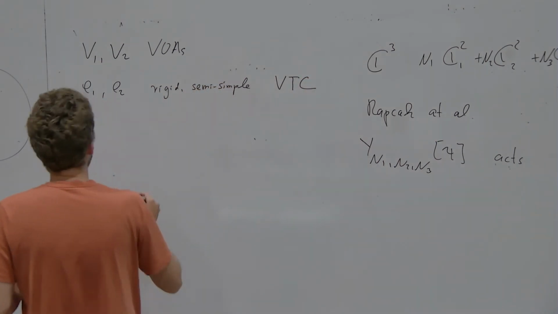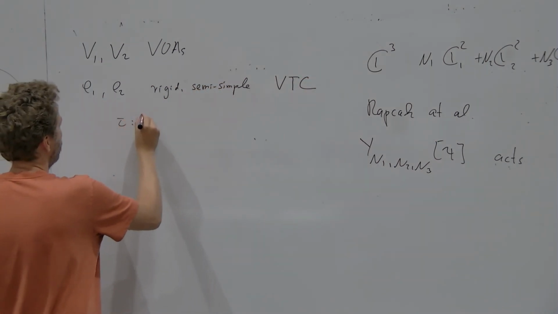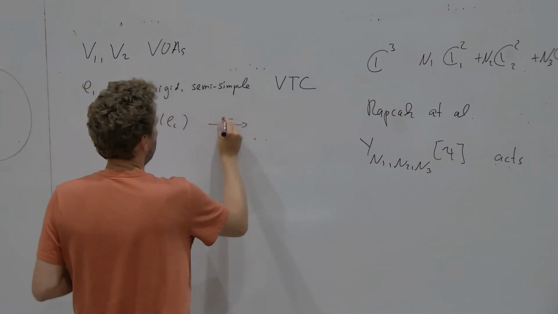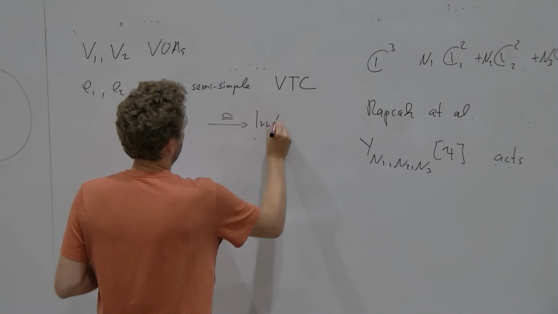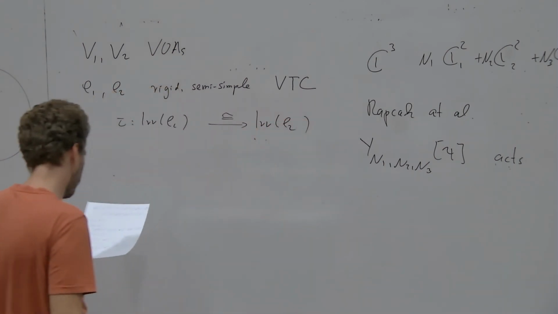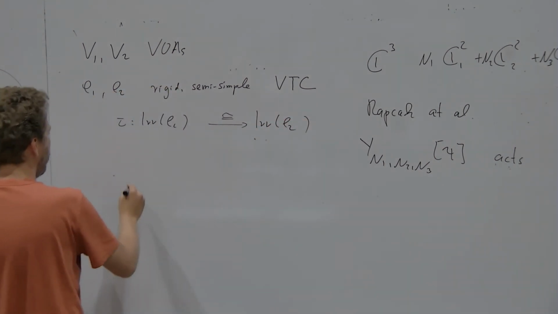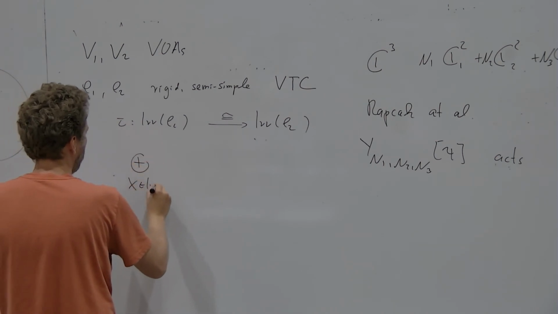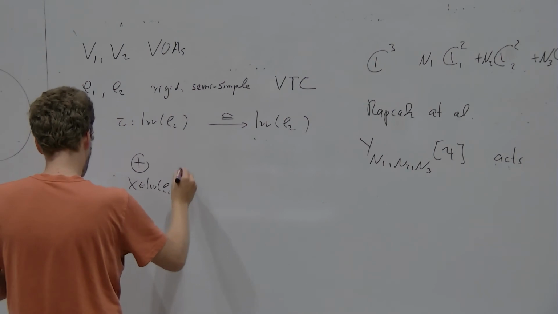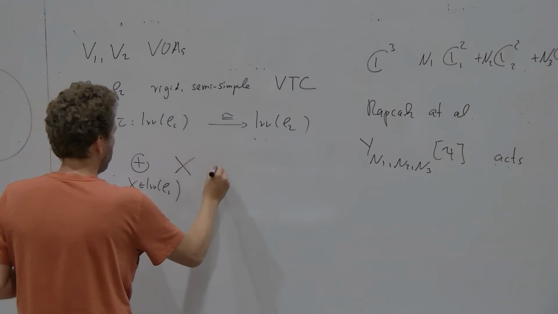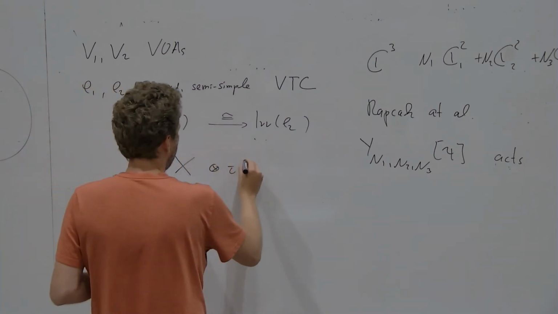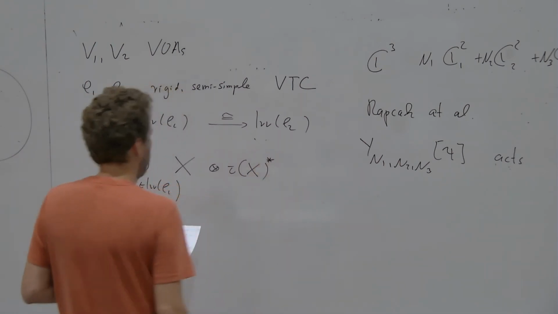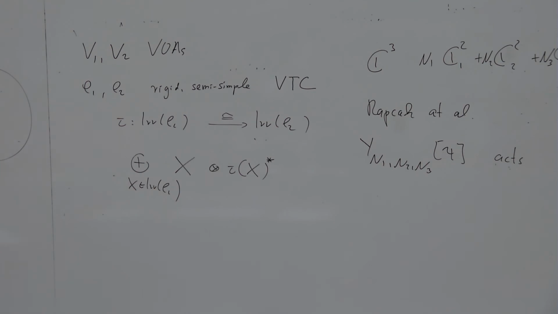Now assume you have an isomorphism between the irreducibles of these 2 categories, just between the sets of irreducible objects, call it tau. If you have this, then you can write down the sum over all irreducibles in one of them, object times their images under this isomorphism.